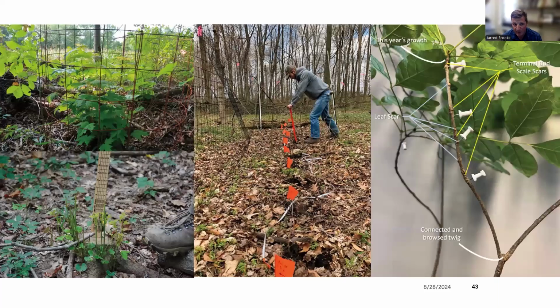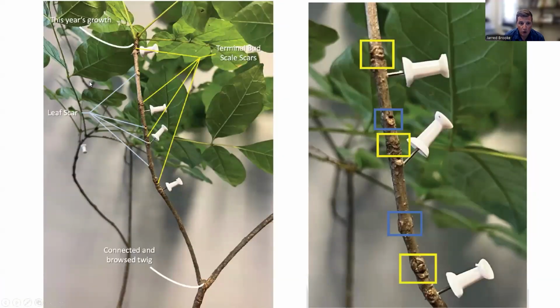So a similar graphic that we showed you earlier. And then what we found was that twig aging was the best for Indiana. So the one here on the right. And this is just a closer look at how you might age a twig. So here is that terminal bud scale scar where you have a scar wrapping all the way around the stem, or the twig, sorry.